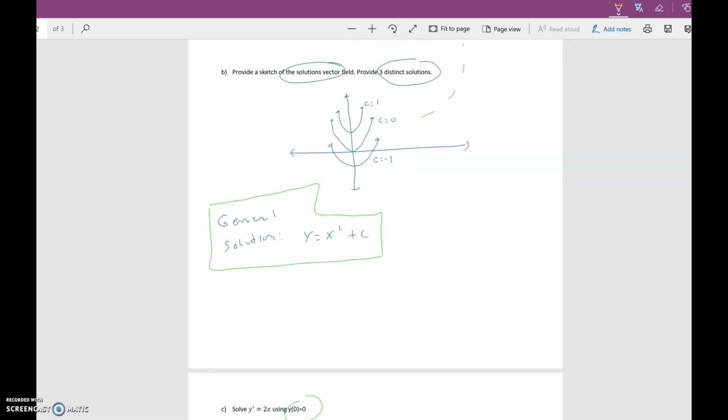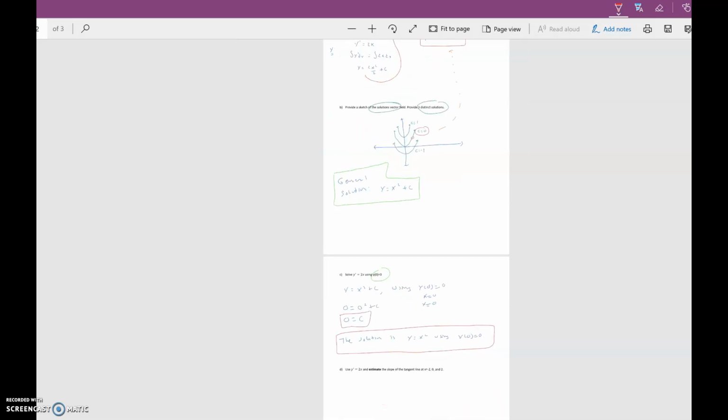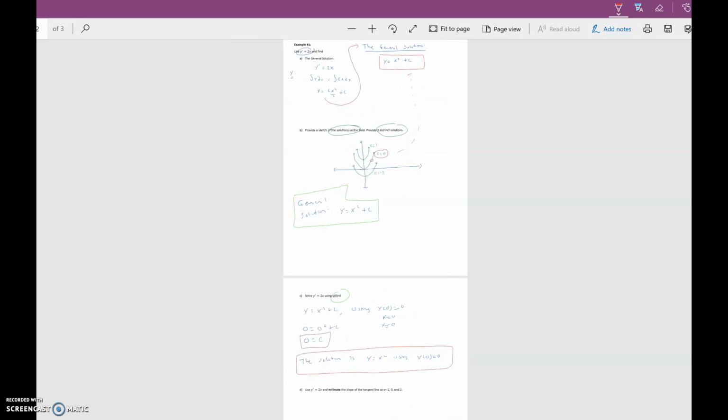So in this case, that would be this particular one. This one is your solution if the given condition, or the coordinate point given, is 0, 0, the origin. All of these problems we talked about back when we started the differential equation section.